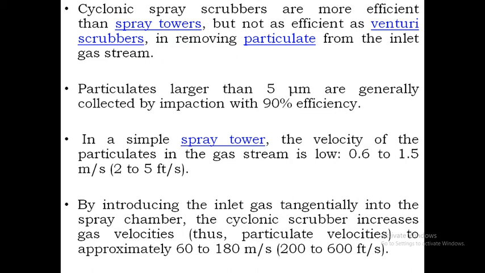In a simple spray tower, the velocity of the particulate in the gas stream is low, nearly 0.6 to 1.5 meters per second. By introducing the inlet gas tangentially into the spray chamber, the cyclonic scrubber increases the gas velocity to approximately 60 to 180 meters per second.